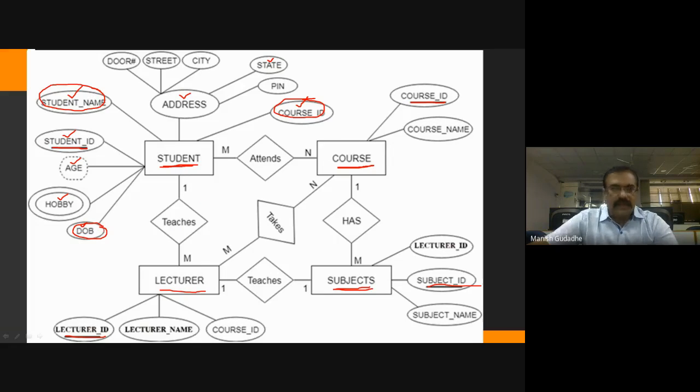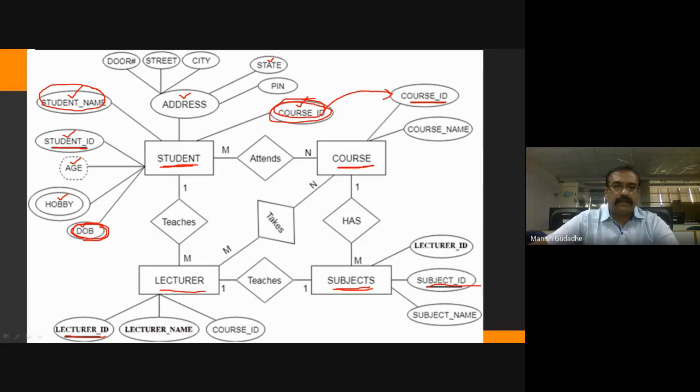In many cases, it is possible that two, three or four students may have the same date of birth. And yes, many students are taking the same course. That is also possible. So this course ID is taken from this course.